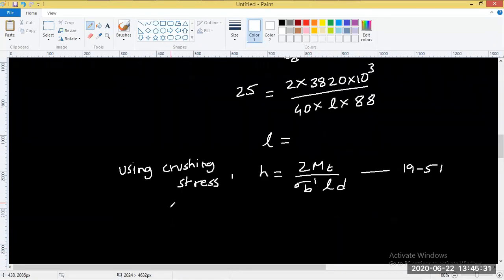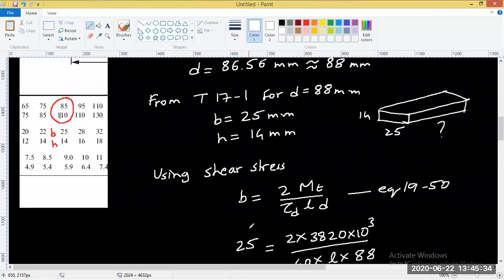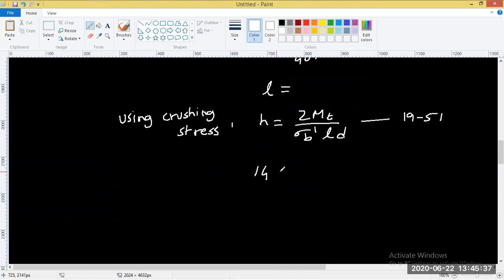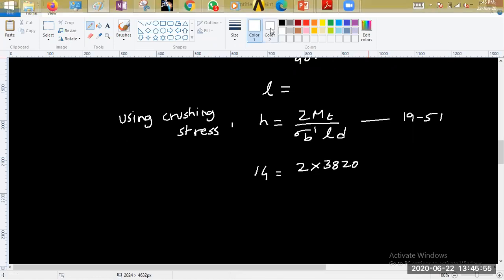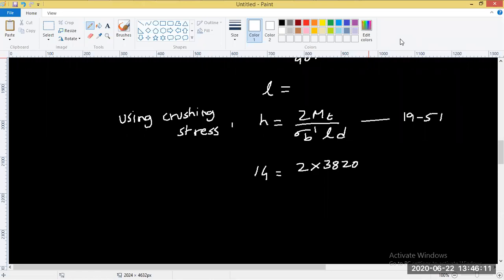So let's substitute. So H is 14 equal to 2 into Mt, 3820 into 10 power 3 divided by sigma P dash.